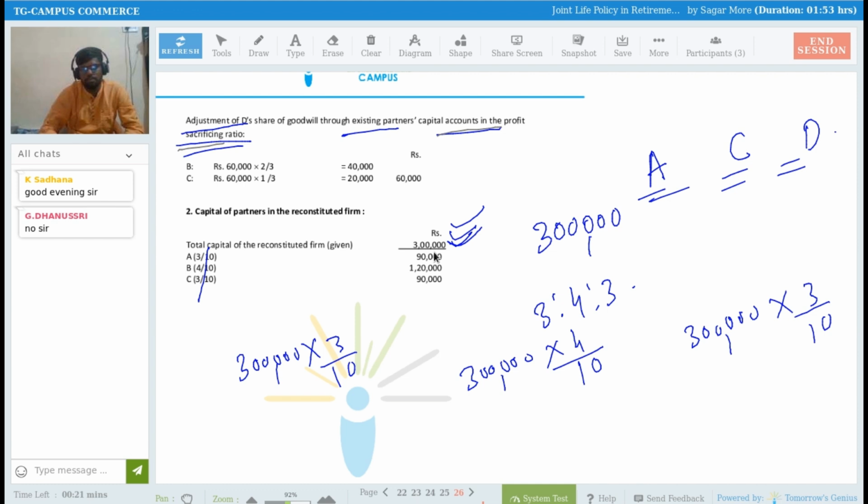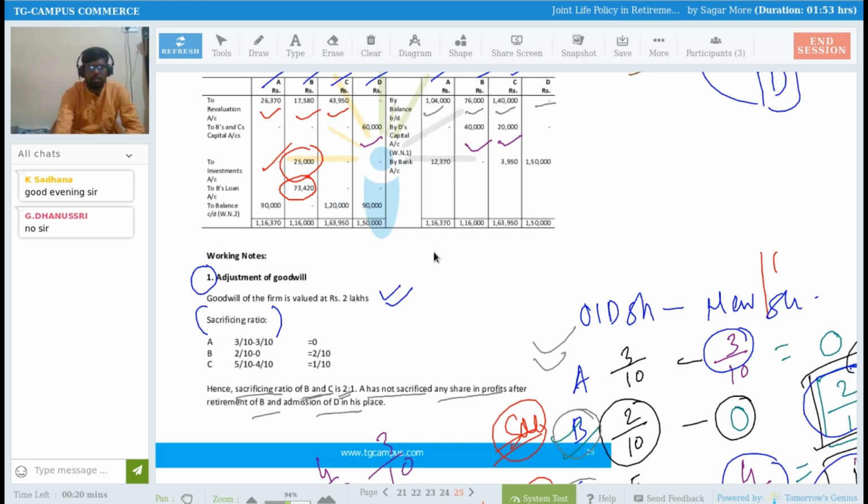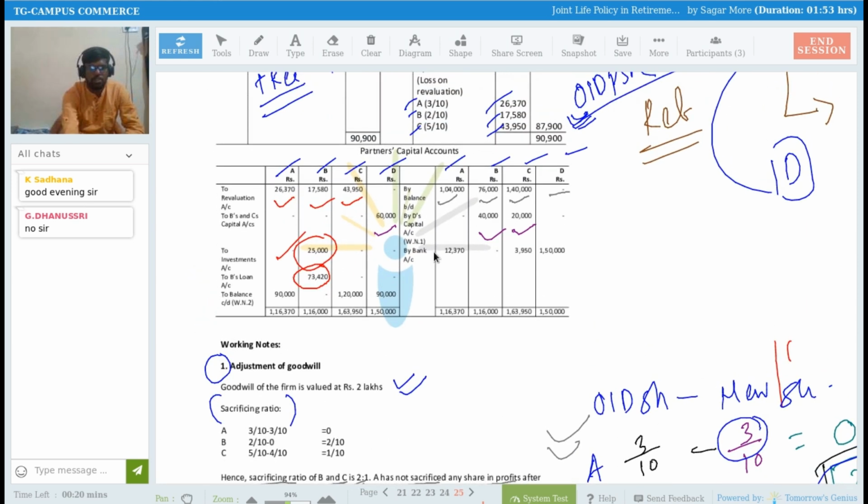What is the answer? 90,000 for A, 1,20,000 rupees for C, and again 90,000 for D. So this is nothing but their closing capital balances, right? I hope you understood this. Their closing capital balances we have to write down as per the working note: 90, 120, and 90.